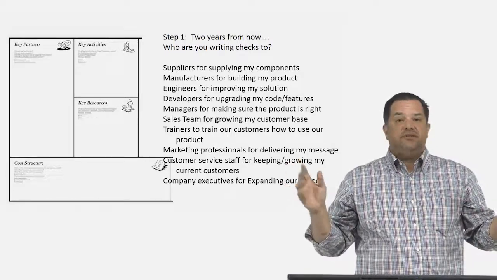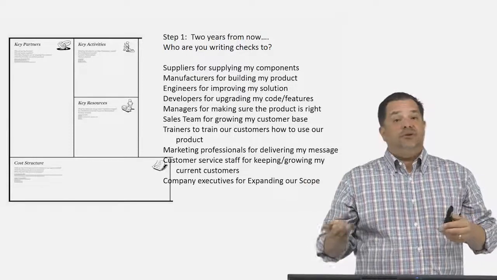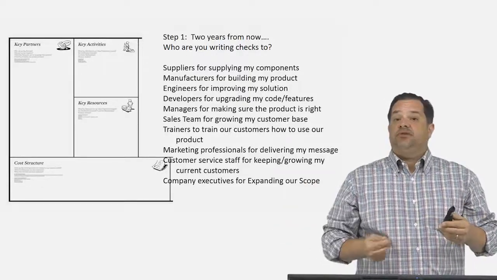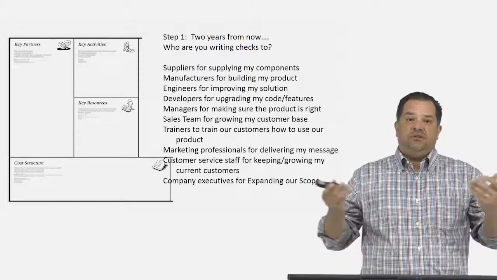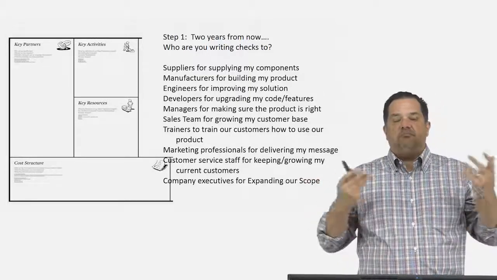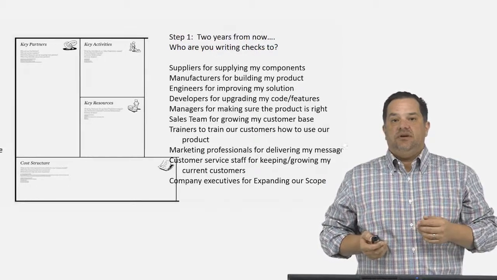But almost all of us need suppliers, we need manufacturers, we need engineers, we need developers, we need managers, we need sales professionals, trainers, marketing professionals, customer service, and then our overall big strategic vision for our company executives.